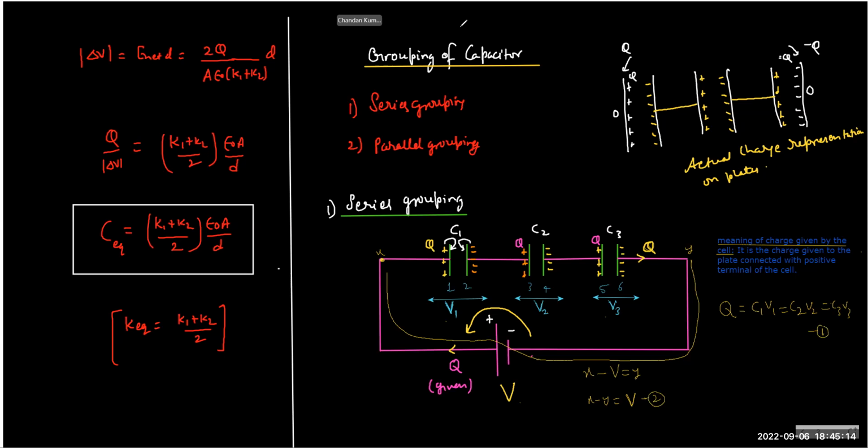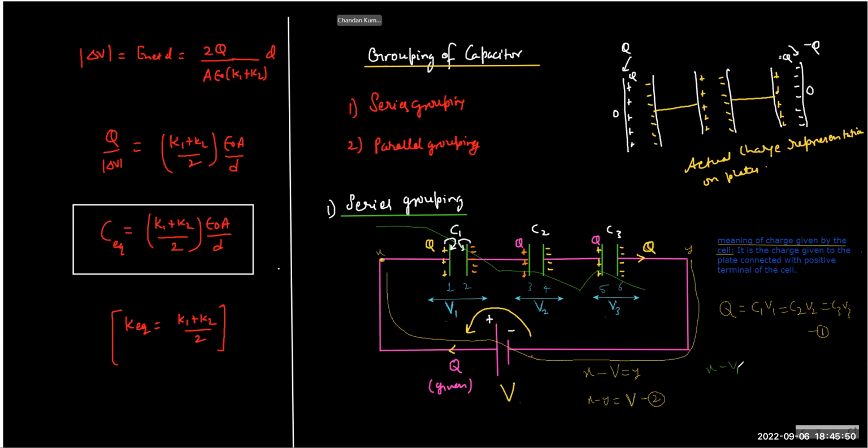But if I do the same thing while moving upward, I'll move like this: nothing, nothing, nothing, then drop. Then you cross, you drop. So if you start with X, the moment you cross the first capacitor, the drop will be how much?